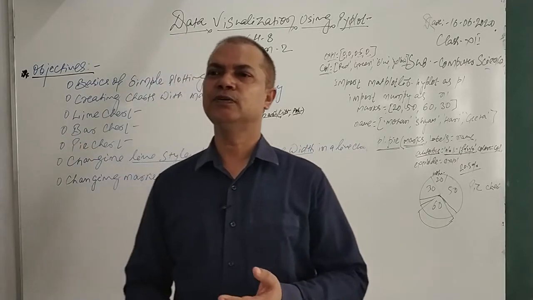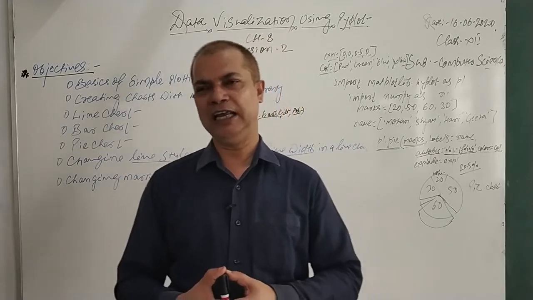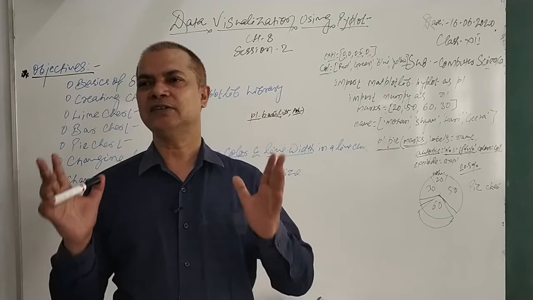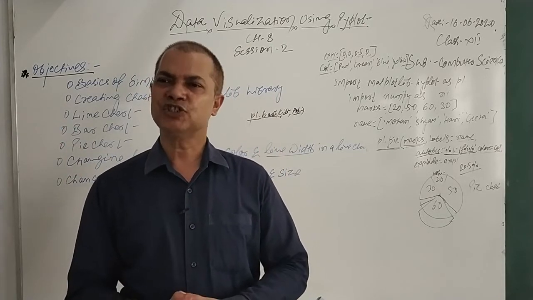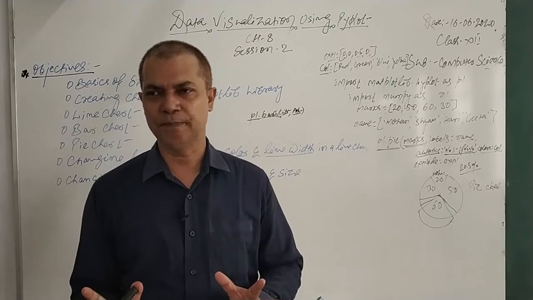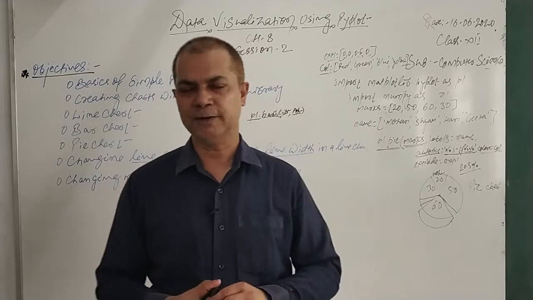In my previous video I mentioned you have to write the pip command, pip install matplotlib. Once you press enter at the command prompt at the same place where Python is loaded, the internet connection must be there in your computer. It will install to 100%, and then you will be able to draw it.